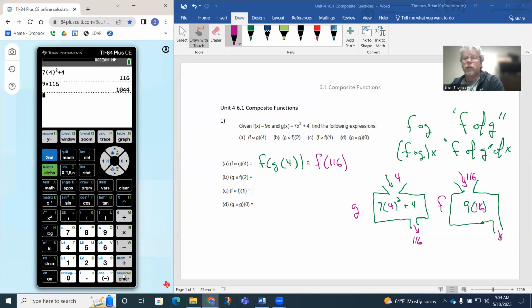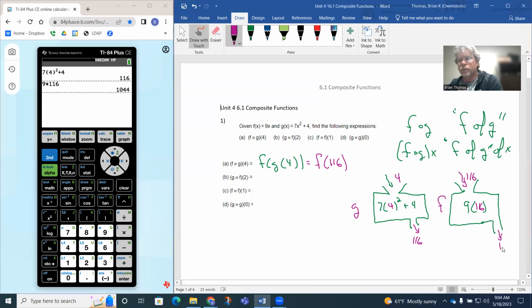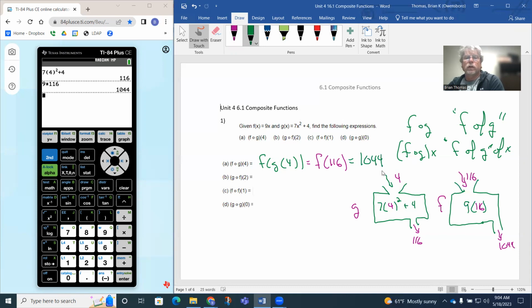That gives us 1,044. So that's how it works: you do the g function, and that answer goes into the second function. Notice how that range value, that y value, becomes an input value in the second function.